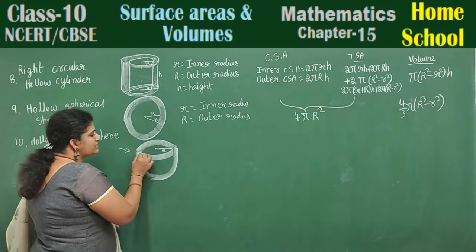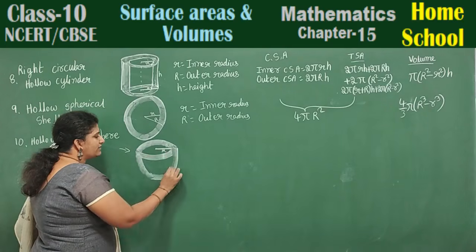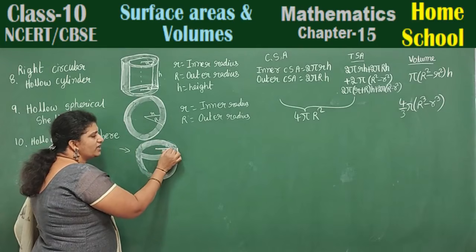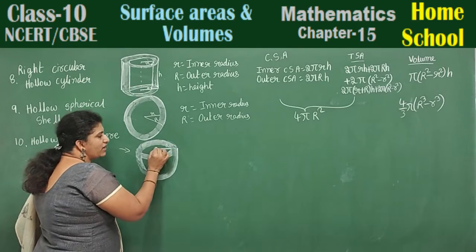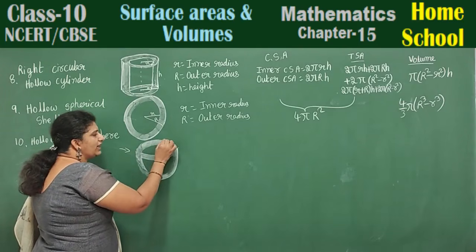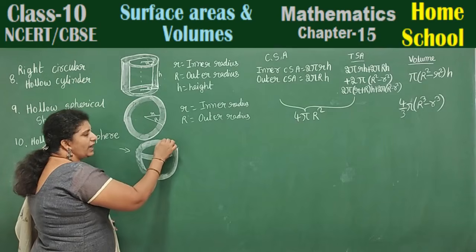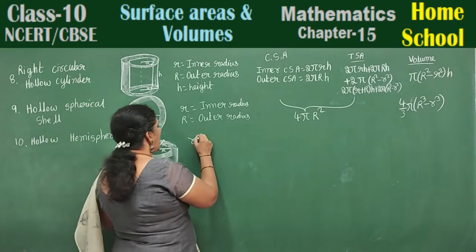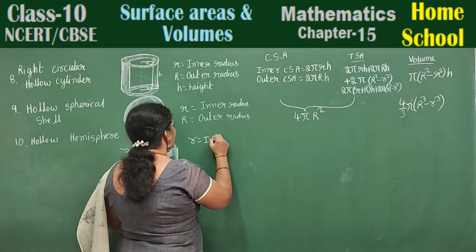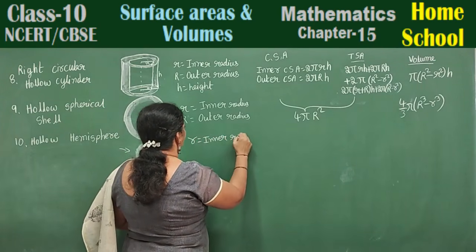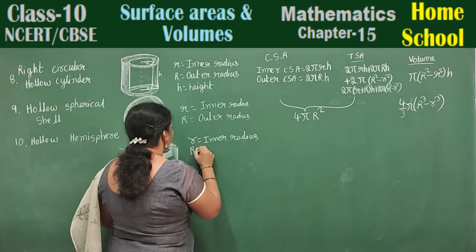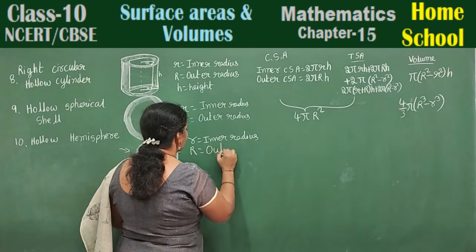Now, look at this shaded region carefully. From here to here, small r. And from here to here, capital R. Small r is the inner radius. Capital R is the outer radius.